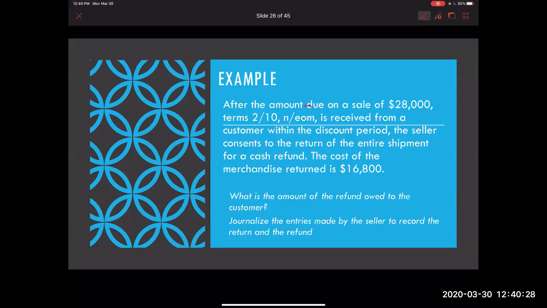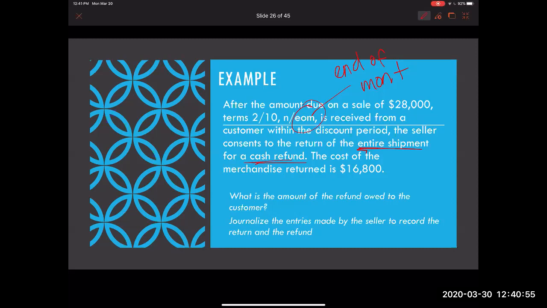So after the amount due on the sale of $28,000, terms 2/10, net end of the month, is received from a customer within the discount period, the seller consents to the return of the entire shipment for a cash refund. The cost of the merchandise returned is $16,800.